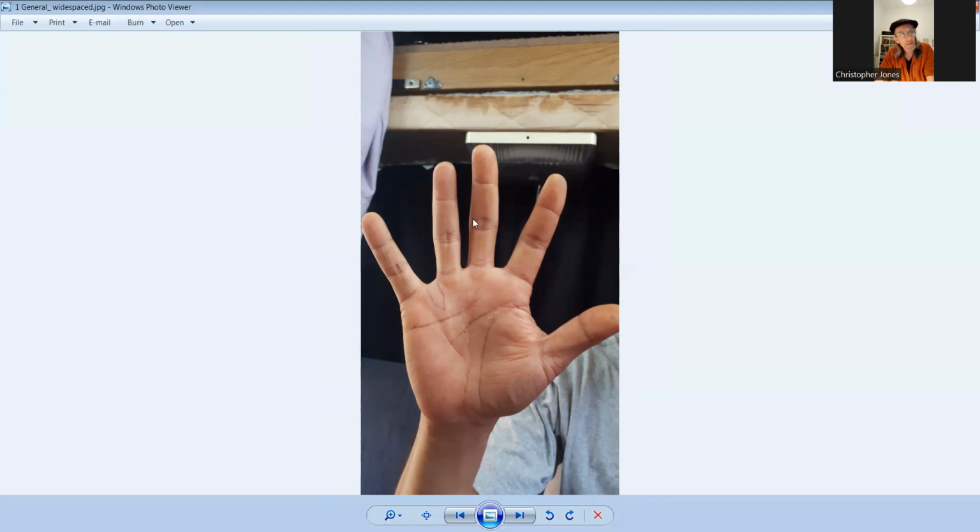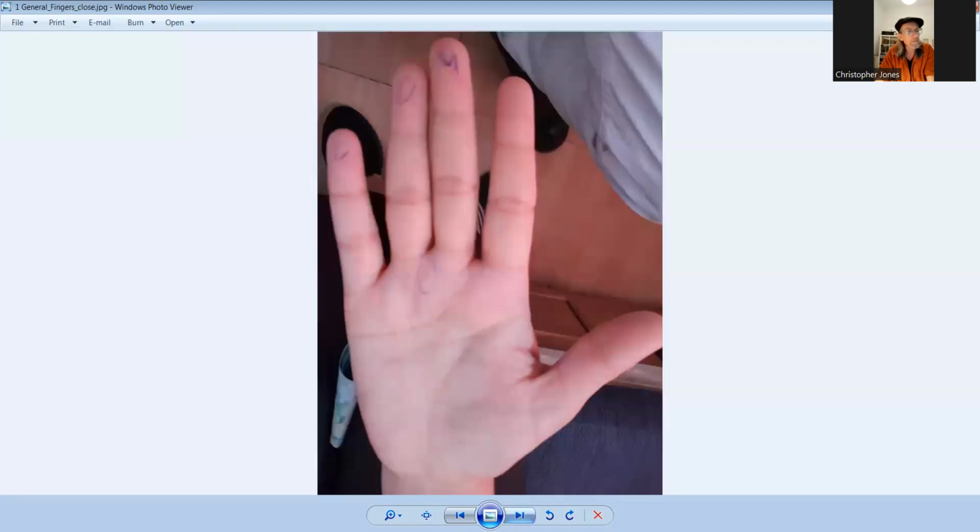Typically, the ring finger and the middle finger will always be relatively close to each other, so it's unusual to see them wide apart. But when we're looking at the other fingers, if you can notice, the gap is more than twice as wide between the little finger and the ring finger, and the ring finger and the earth finger, then you've got a very significant deviation from the norm. And obviously that accentuates the qualities of the little finger, and in this case also accentuates the qualities of the index finger as well. They're being thrust into the limelight and being much more prominent.